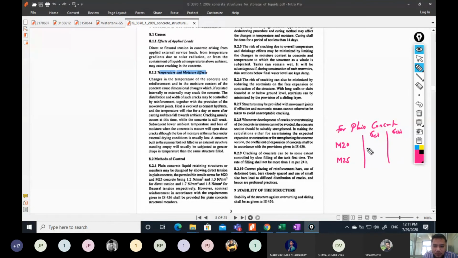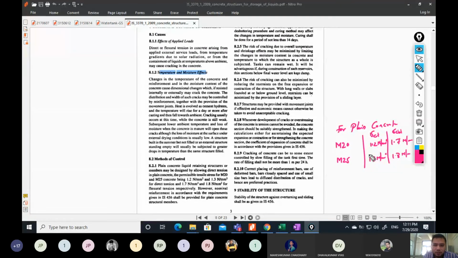So that value are given as 1.2 Newton per mm square, and for M25 it is 1.3 Newton per mm square, and the permissible bending tension is 1.7 and 1.8 Newton per mm square.